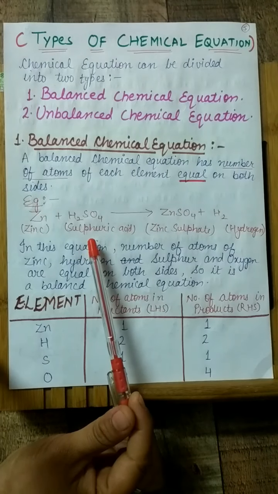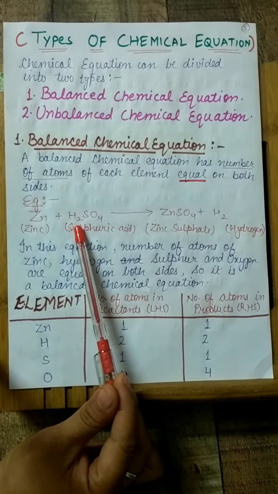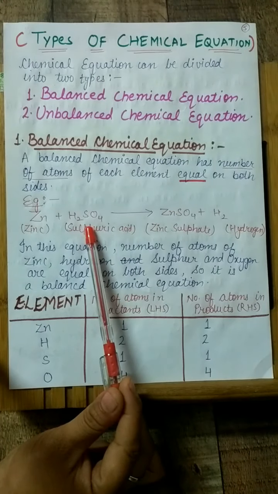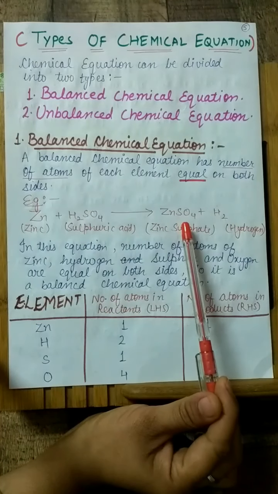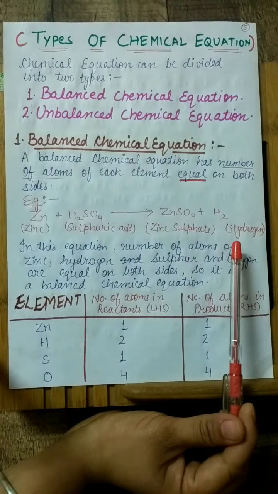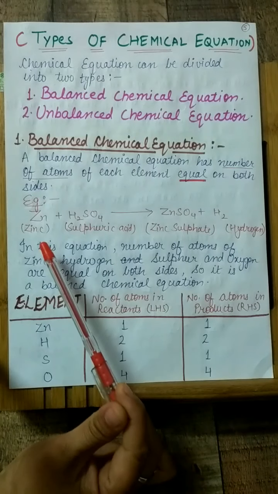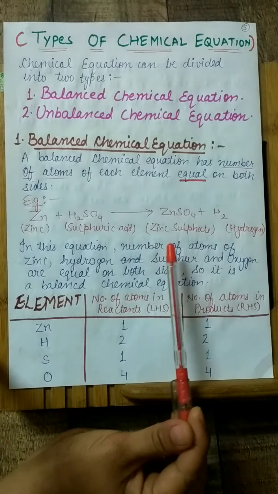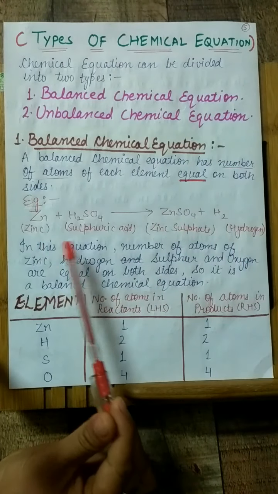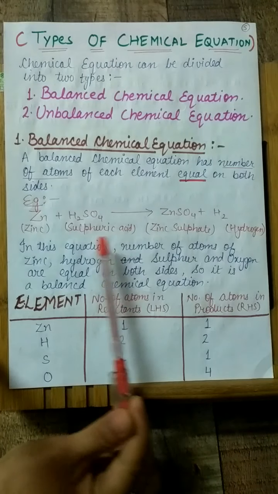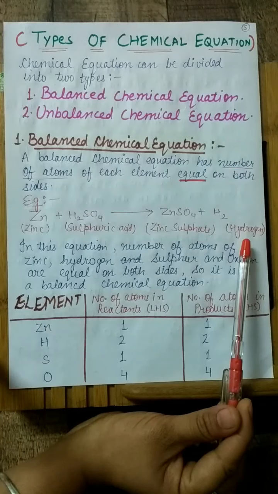The formula of sulfuric acid is H2SO4 and the formula of zinc sulfate is ZnSO4, hydrogen H2. So what is this? Zinc, sulfuric acid, zinc sulfate, hydrogen. Mean to say, zinc reacts with sulfuric acid to form zinc sulfate and hydrogen.